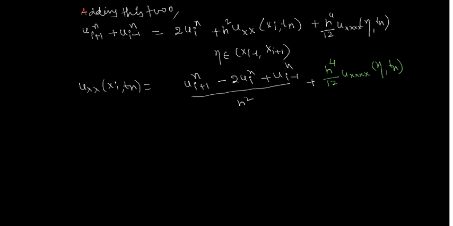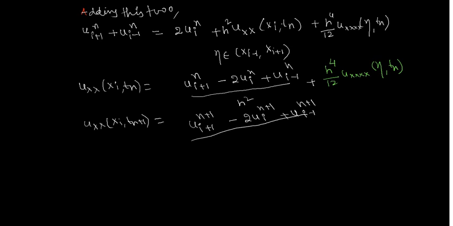In the same way we can get u xx at xi and tn plus 1, that is equal to u i plus 1 n plus 1 minus 2 u i n plus 1 plus u i minus 1 n plus 1, divided by h square, plus some error h4 by 12 u xxxx at some eta tilde, tn.